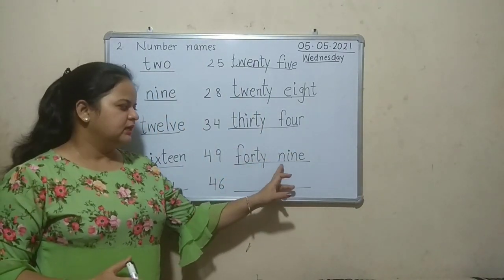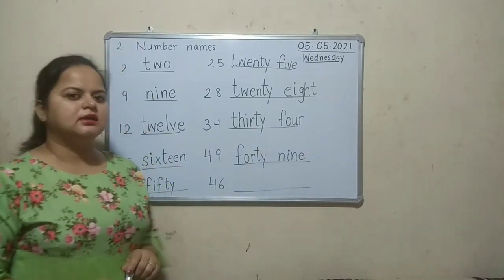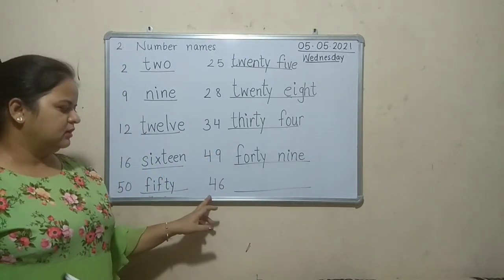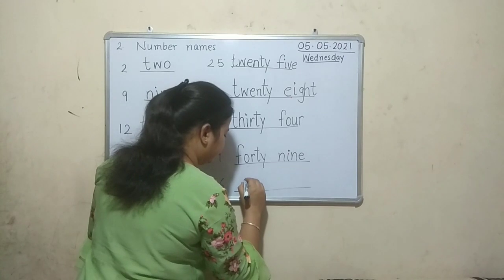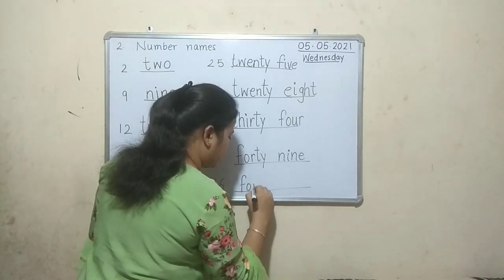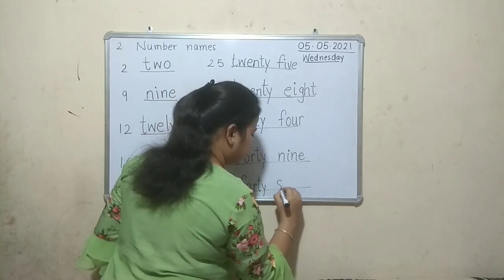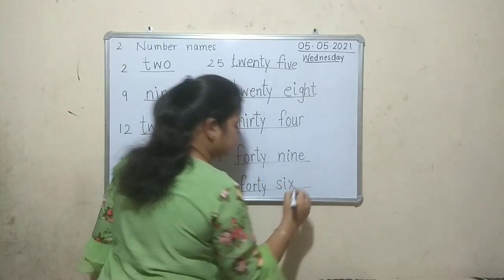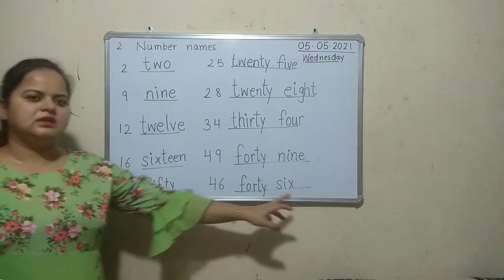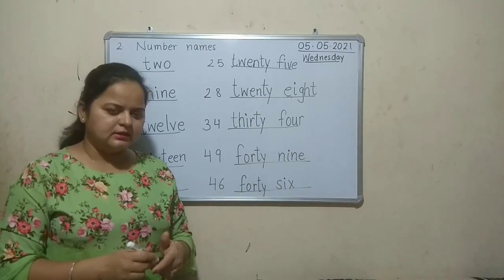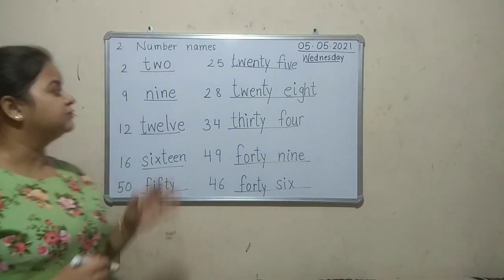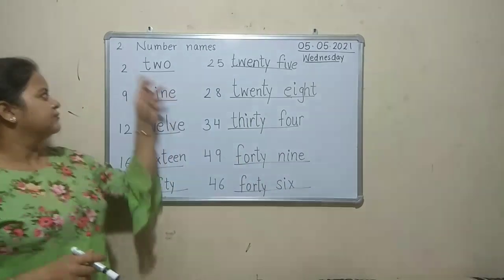F-O-R-T-Y, 40. N-I-N-E, 9. 49. 46. F-O-R-T-Y, 40. S-I-X, 6. 46. Done? Let's do a quick revision of these number names again.